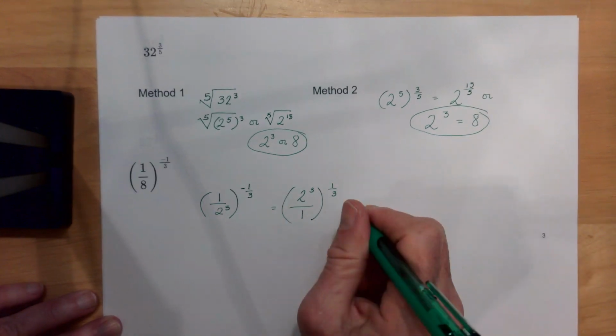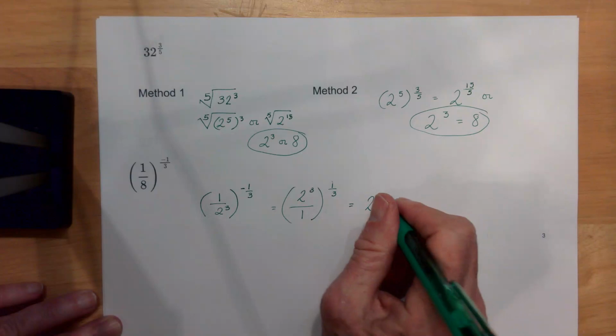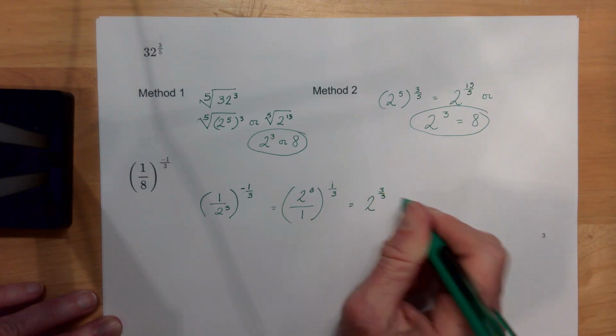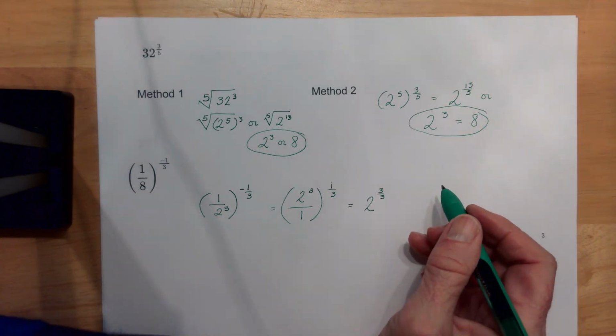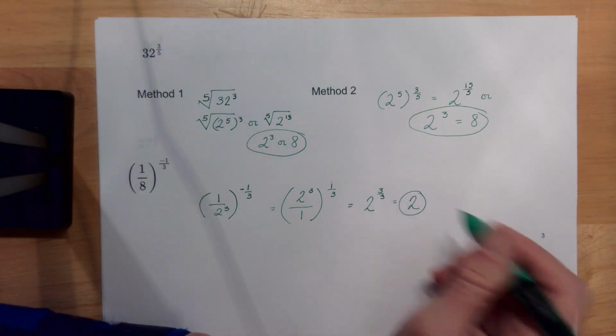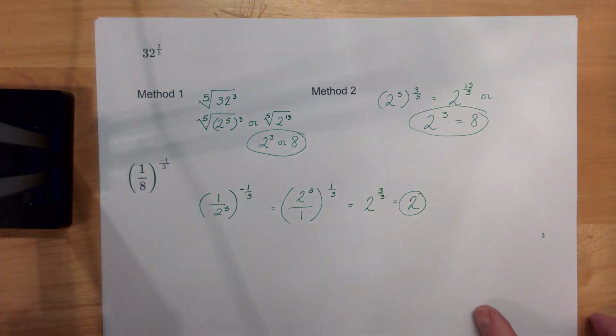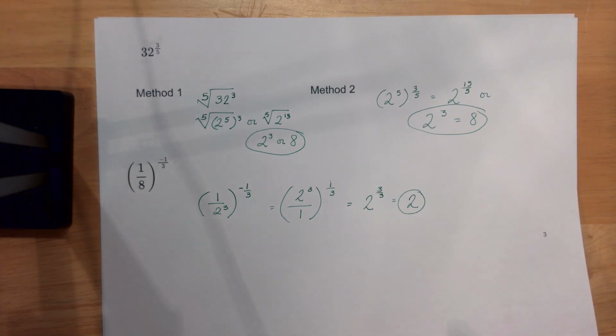A power raised to a power, I'm going to multiply. So 3 times 1/3 will give me 3 over 3. That's going to give me just 2 to the 1st power, or 2. That's probably the easiest way to do it. If you feel better converting it to radicals, in this case cube roots, you can do it that way. Let's do a few more.